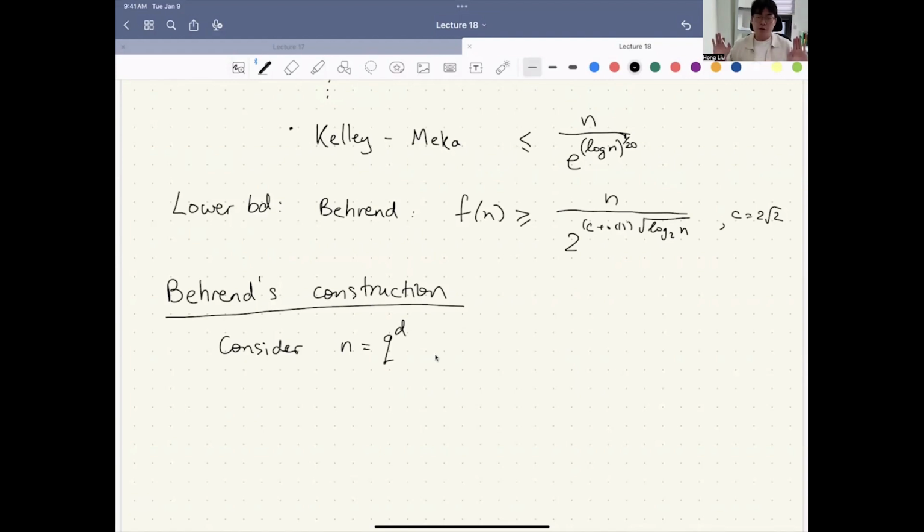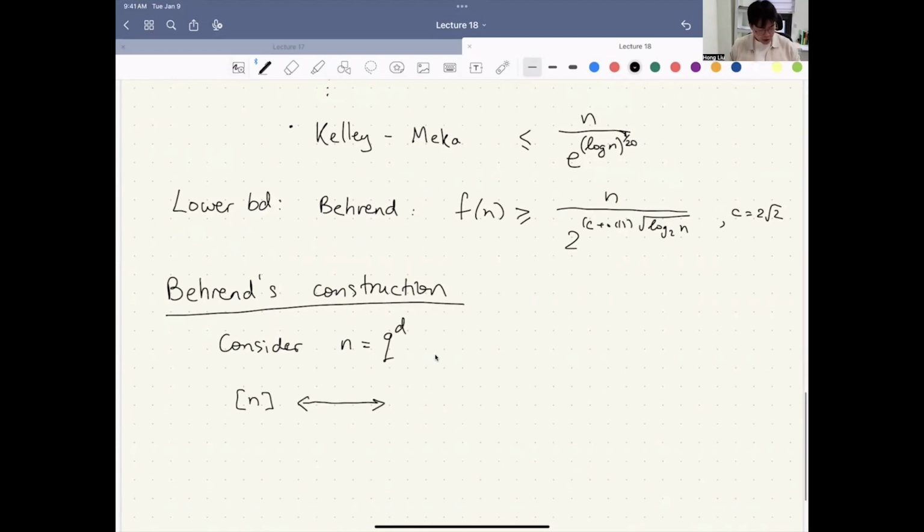We will determine q and d later, optimize it later. The point is that we can now write the first n integers in terms of their q-ary expansion.